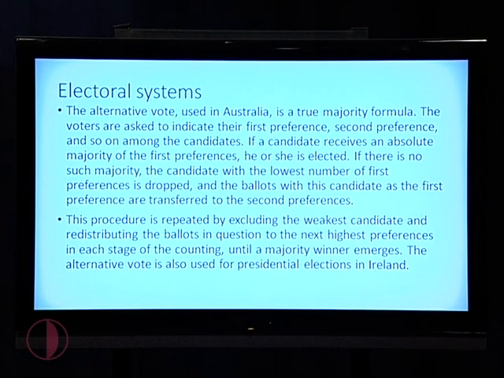This procedure is repeated by excluding the weakest candidate and redistributing the ballots in question to the next highest preferences in each stage of the counting until a majority winner emerges. The alternative vote is also used for presidential elections in Ireland.